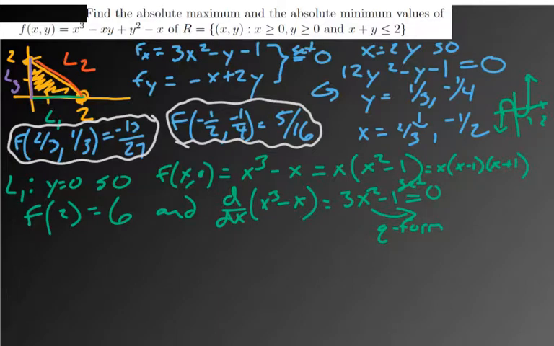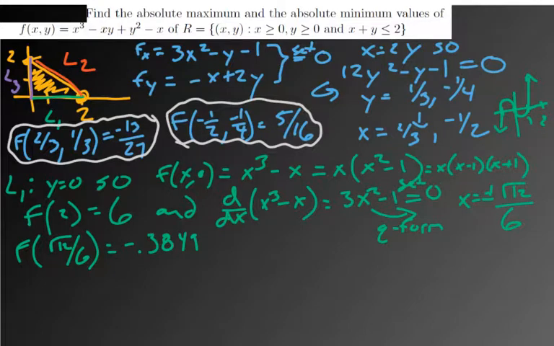If you do that, you get that x is plus or minus square root of 12 over 6. This is the minus square root of 12 over 6 over here, but we want this one because 0 to 2 is the only region I'm concerned with. So the other contender here is square root of 12 over 6, and if you plug that in, you get the minimum of negative 0.3849.